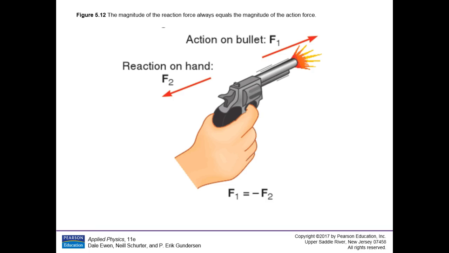Now, that leads to another pretty interesting little activity. They have it as an activity here, but let me just give you an illustration of it. What they have is a setup where you have a pretty tight wire, and the wire is going through a tube, and you strap a balloon to it.